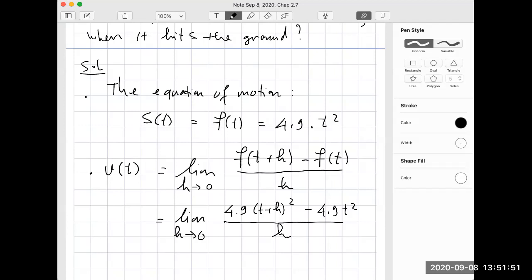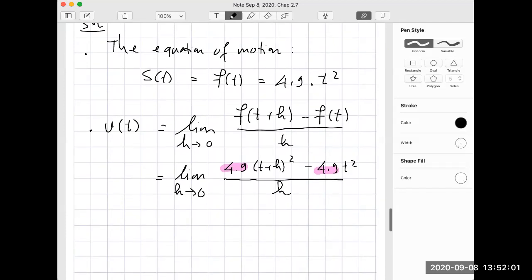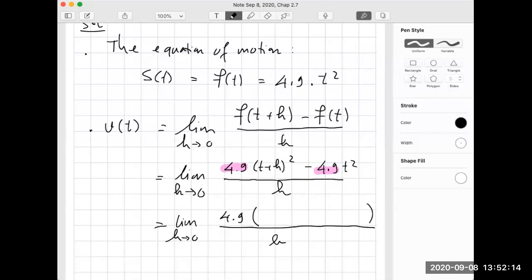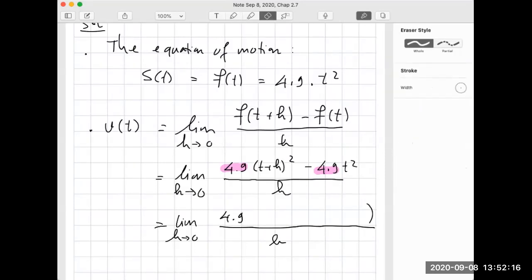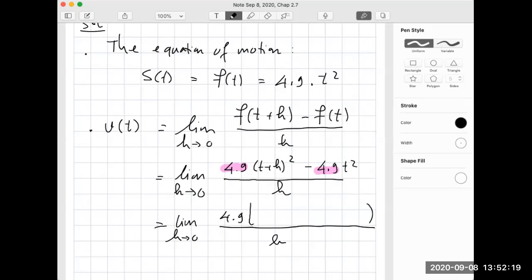So now we see that in the numerator, 4.9 is a common factor, right? So we can factor it out, make it simpler. What is left inside the brackets?